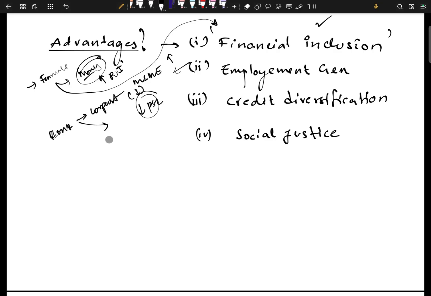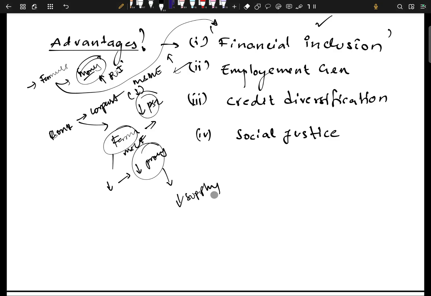Because a lesser amount of loans is given to farmers or MSMEs, these sectors face an issue. Because there is less investment for farmers, there is lesser production by the farmers. If there is lesser production by the farmers, there is lesser supply in the market. What happens when the supply is too low and the demand is constant? The prices increase, right? There is an inflationary effect in the market.